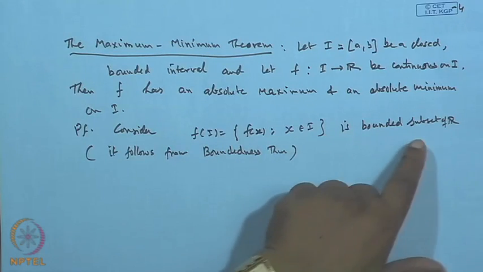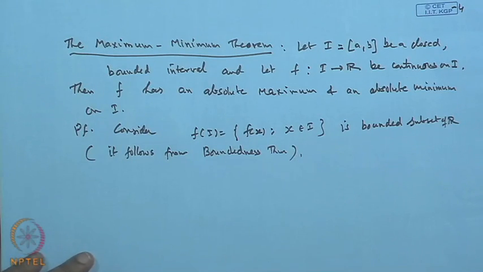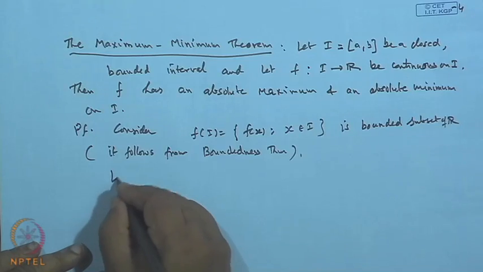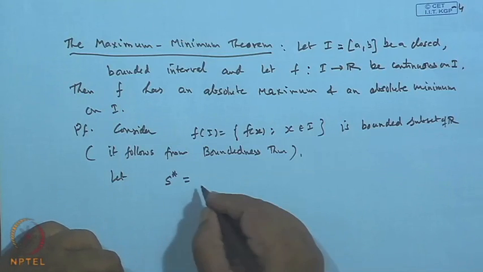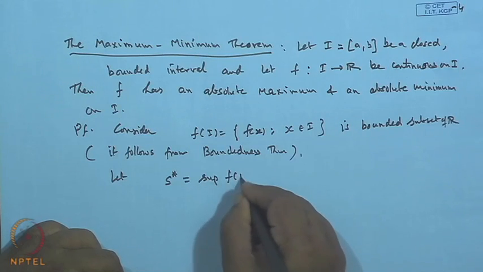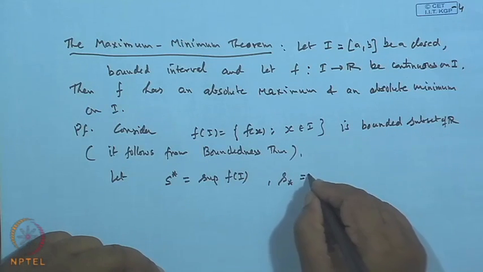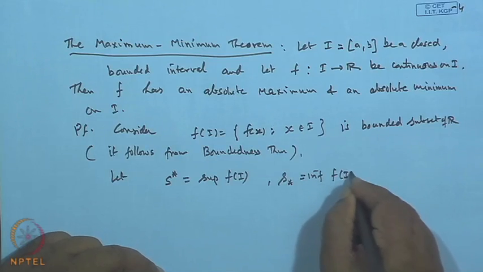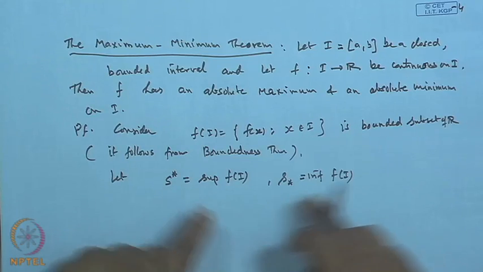So it is a bounded subset of R. Once it is a bounded subset, we can talk about the least upper bound and the greatest lower bound. So, let S star be the supremum of f of I, and S lower star be the infimum of f of I. That is, the least upper bound of the function f over the interval is S star.